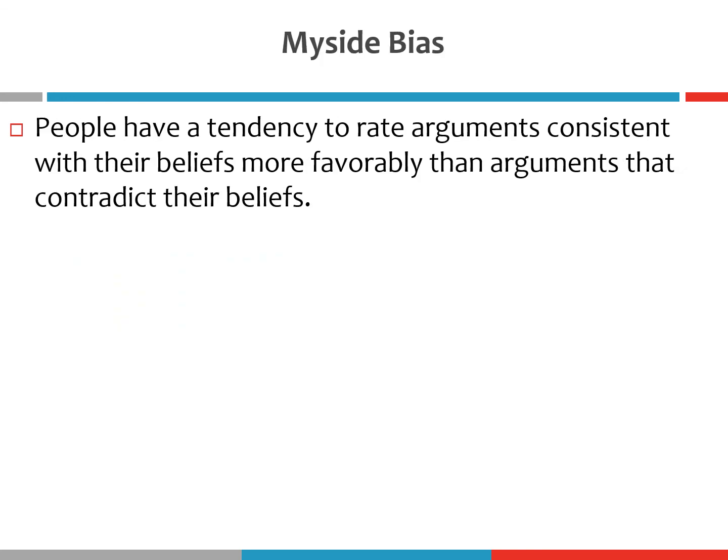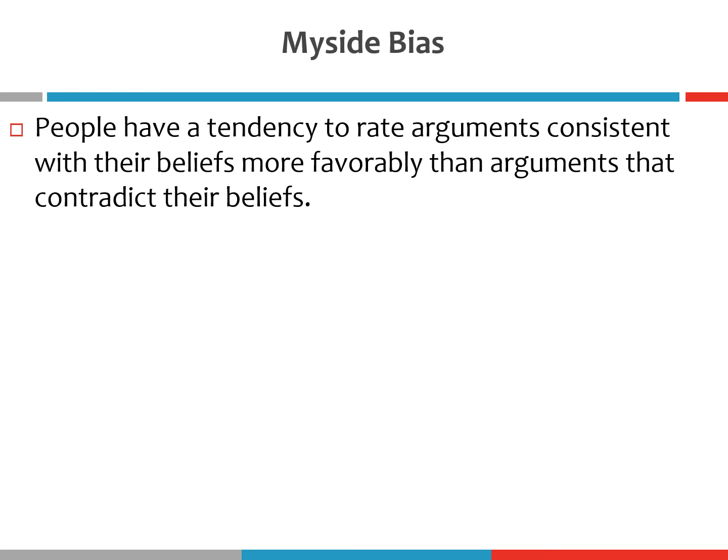Okay, and the last bias or heuristic that I want to talk about is the my side bias. The my side bias is just the tendency to rate arguments consistent with your beliefs more favorably than you rate arguments that contradict your beliefs.